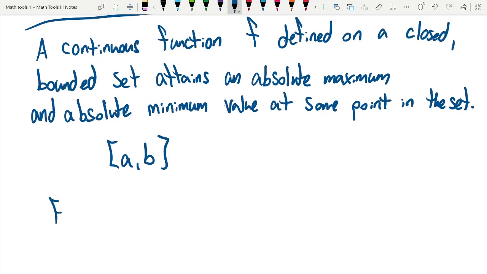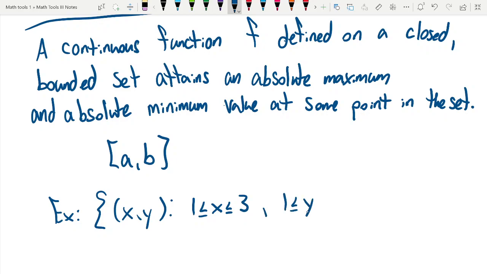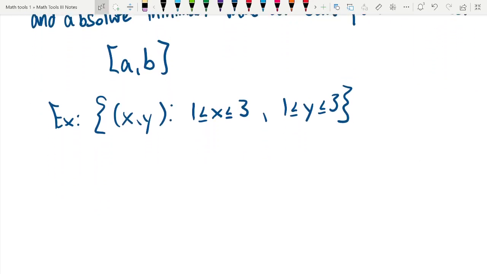So some examples here, we might have all the x and y such that maybe x is less than or equal to 3 and greater than or equal to 1. And maybe y is the same thing. Okay. So what would this look like exactly? And you've already seen some of this on the homework a little bit, but just as a reminder, so we're looking between 1 and 3 for x, right?